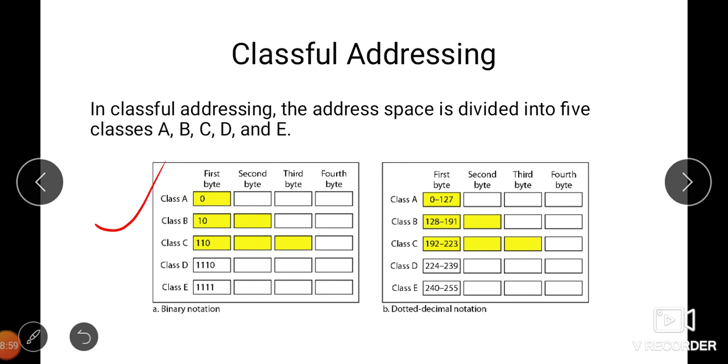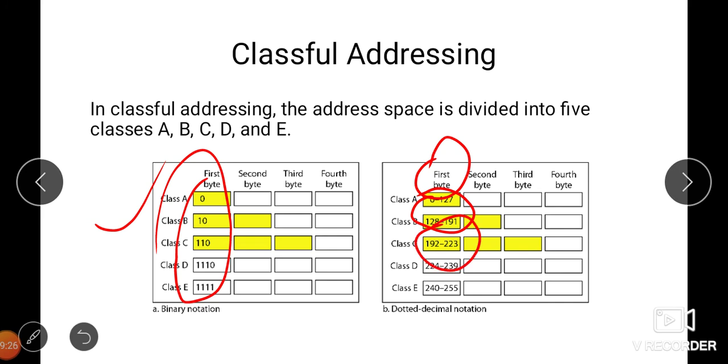In class A, the first bit of the first byte is always 0, for class B we have 10, and for class C 110. These bits are fixed, and only then does a particular IP address belong to the class. So the first byte is from 0 to 127, 128 to 191, 192 to 223, and so on for class C and D. This is the binary notation and this is the decimal notation.